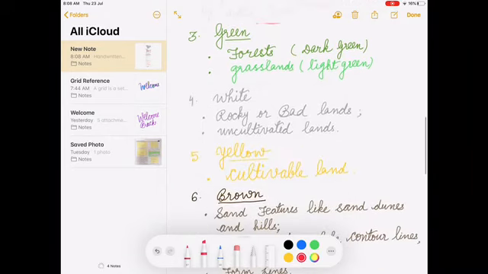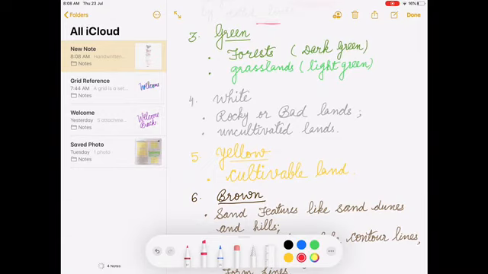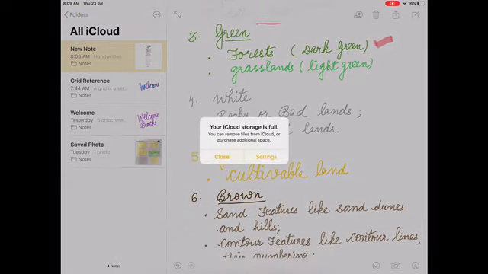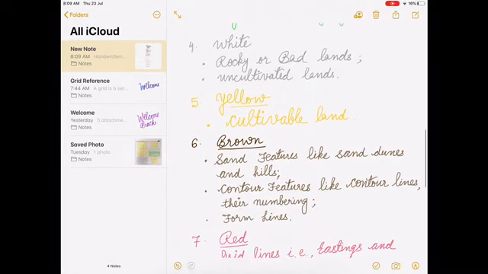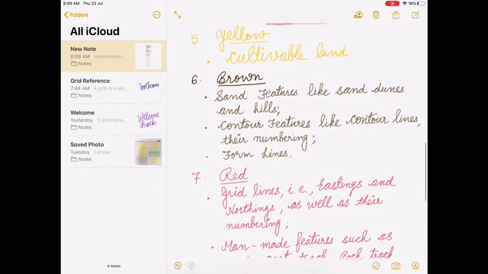Next, we will be talking about the importance of green color on a topographical map. All the forests are in dark green color and all the grasslands are in light green color. Next is white color. Any barren land, rocky feature, bad lands, uncultivated lands, also known by the name barren land, are marked with the white color on a topographical map.